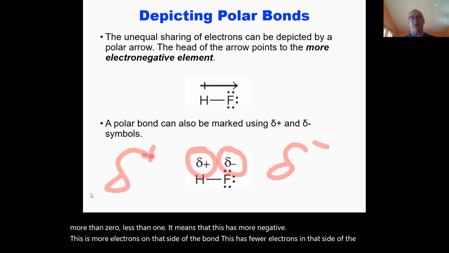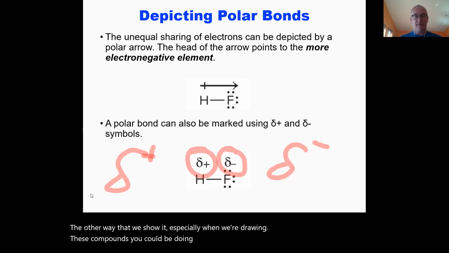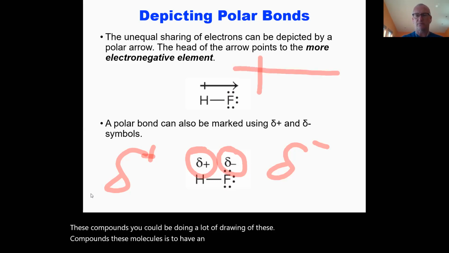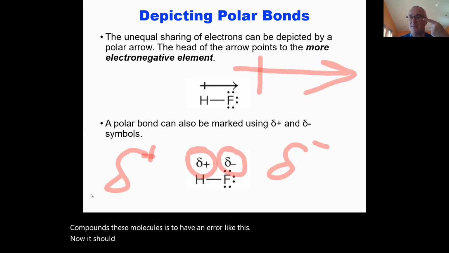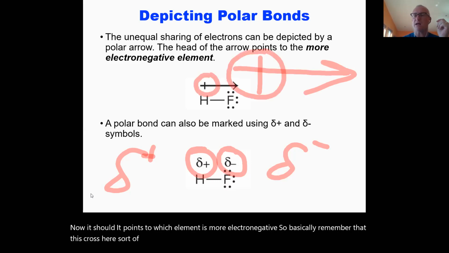The other way that we show it, especially when we're drawing these compounds, and you're going to be doing a lot of drawing of these molecules, is to have an arrow like this. Now, it points to which element is more electronegative. Remember that this cross here stands for which one's more positive.